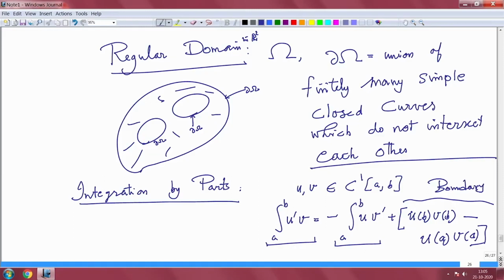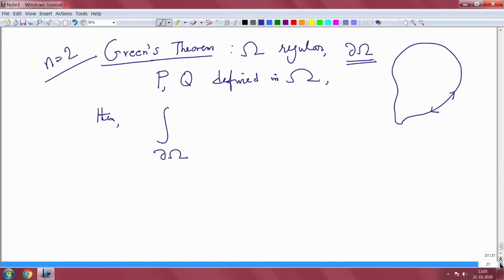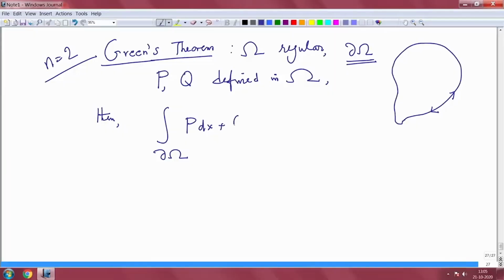When you do an integration by parts, some boundary values come into the picture. So, let me use this notation: the integral of P dx plus Q dy is equal to the double integral over omega of (dQ by dx minus dP by dy) dx dy.